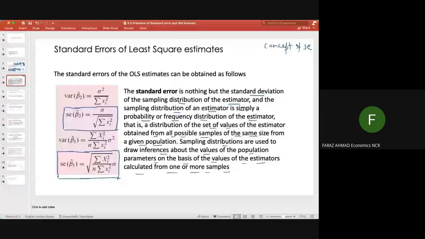Let us say there is a population of 4, and you have to collect all possible samples of size 2. Then how many samples would you collect? 6.